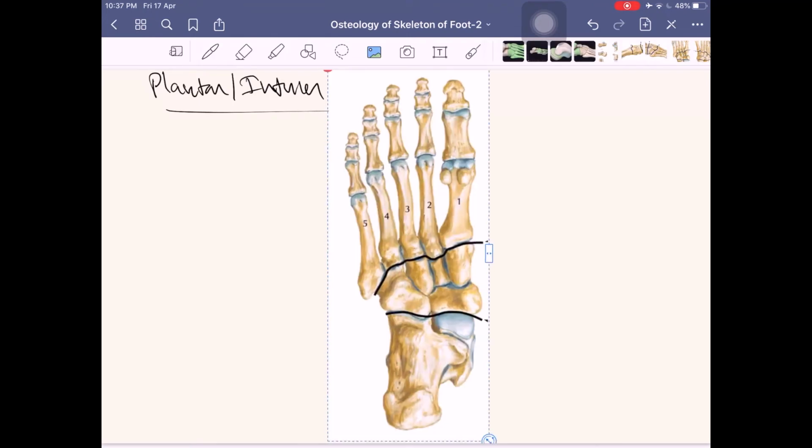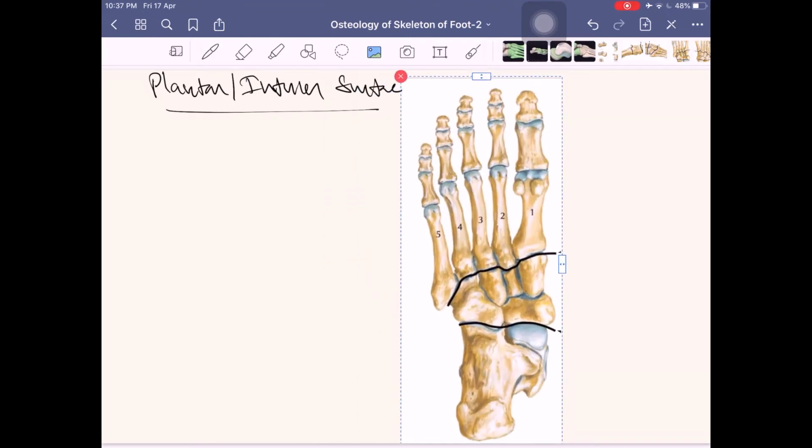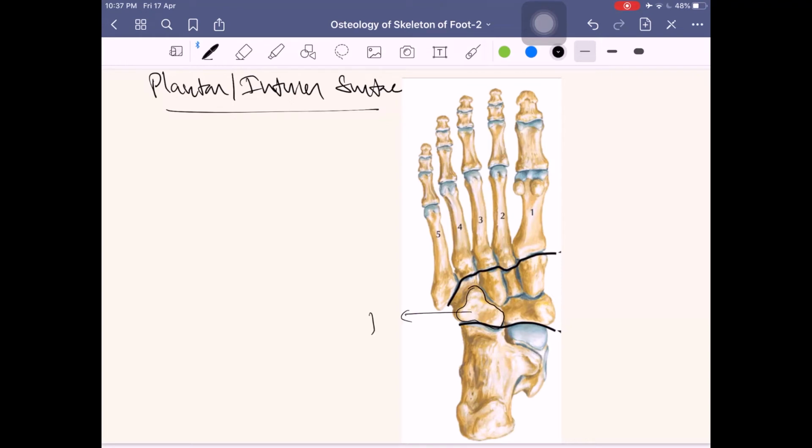Next is your plantar or inferior surface. So this is the plantar inferior surface. In this case, this is your bone all the way here, and that's your plantar surface.